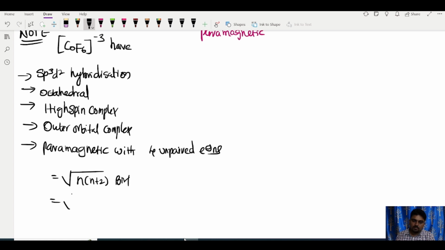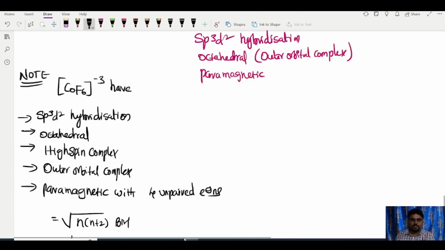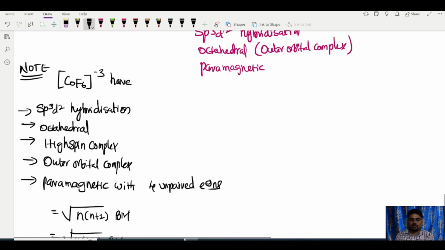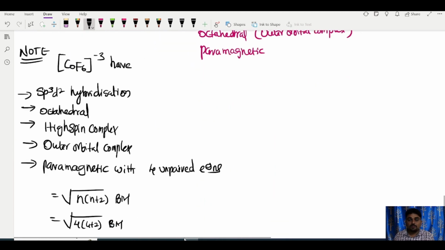There are 4 unpaired electrons, then 4 into 4 plus 2 is 24 Bohr magneton. So you will get around 4.7 to 4.8.